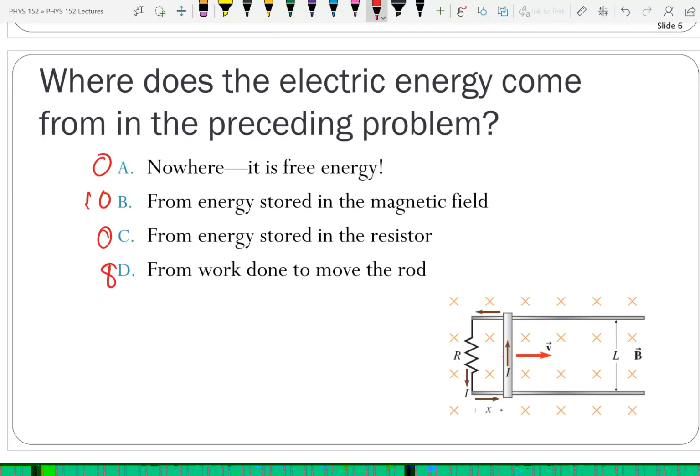So where does the electric energy come from? There are two distinctly different answers here. Bimodal distribution. So talk to your neighbors. Alex, you're going to have to find a neighbor.